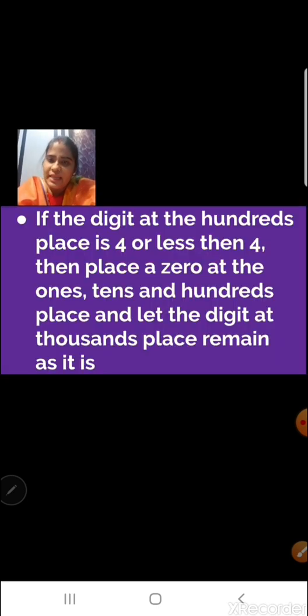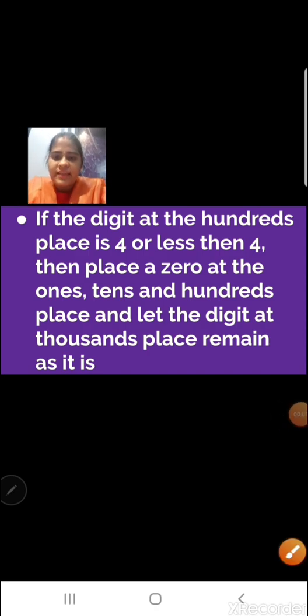Children, the same rule, if the digit at the hundreds place is 4 or less than 4, then place a 0 at the ones, tens and hundreds place. All the three places we have to place 0 and let the digit at the thousands place remain as it is. We are not going to change the thousands place.